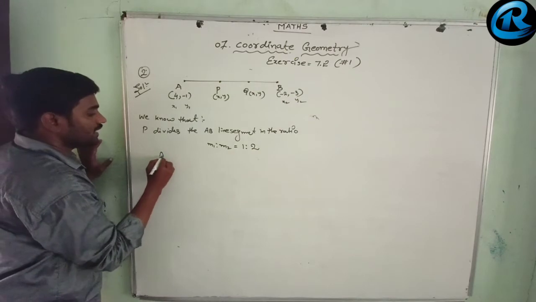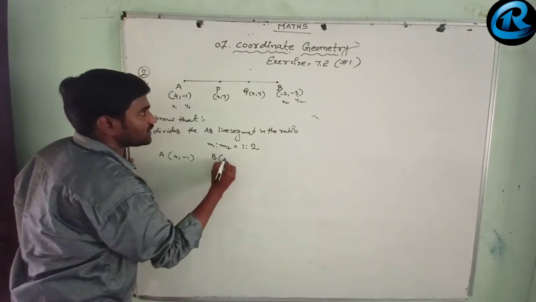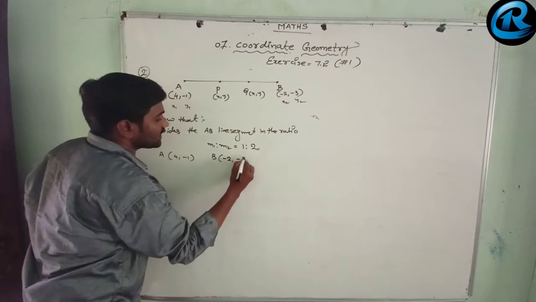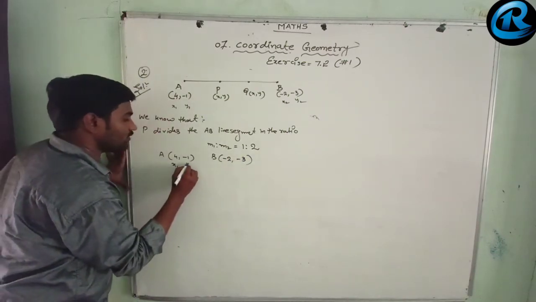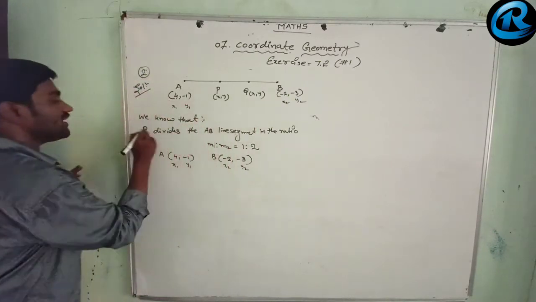Here A equal to (4, -1) and B is (-2, -3). This is the x1 value, y1 value, x2 value and y2 value. We can find out P(x, y).